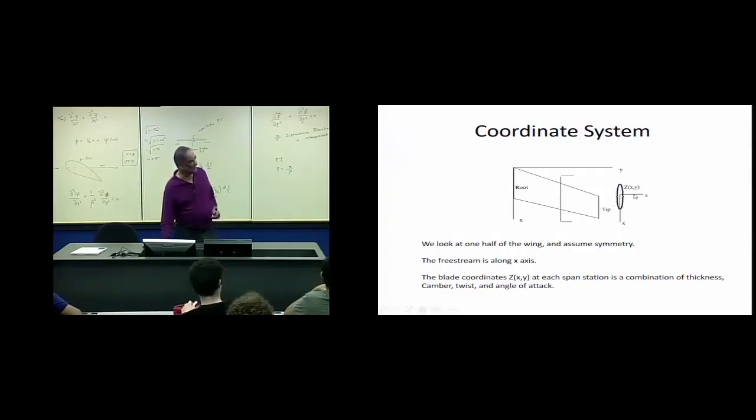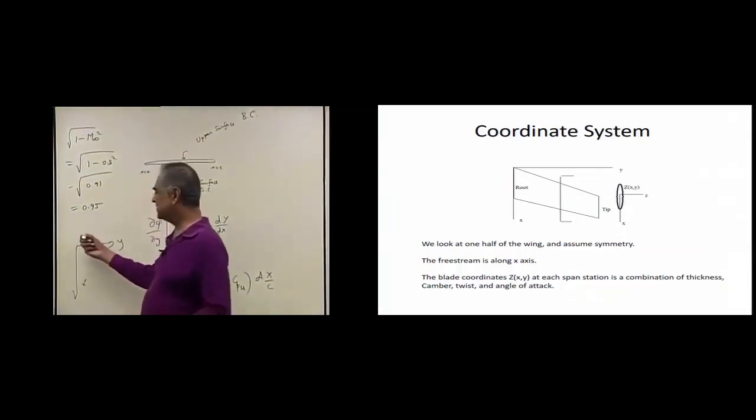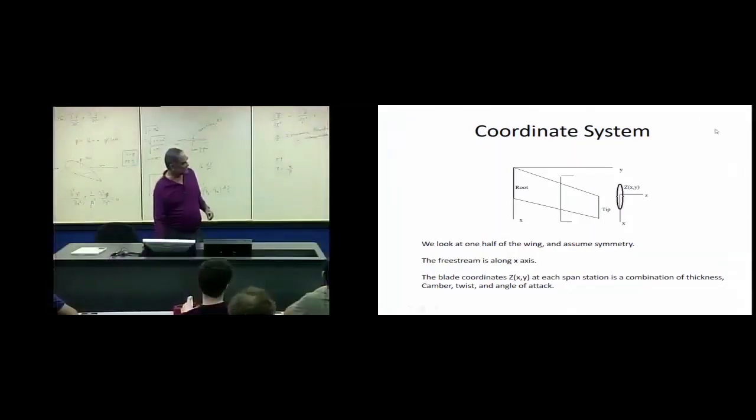Here, z is perpendicular to the plane of the paper, because this is x and this is y; x cross y, z is coming towards you. So z is perpendicular to the x-axis and to the y-axis too. The upper surface is z upper, the lower surface is z lower.